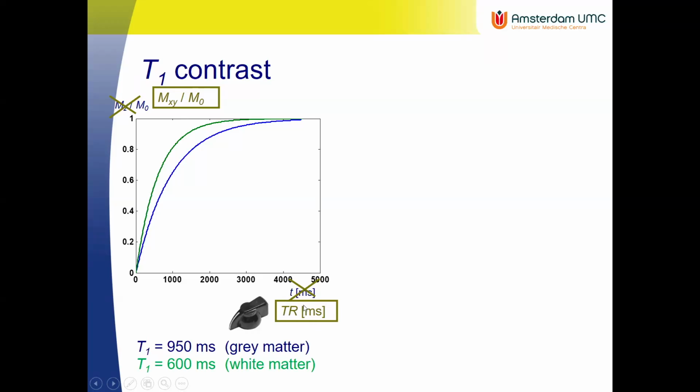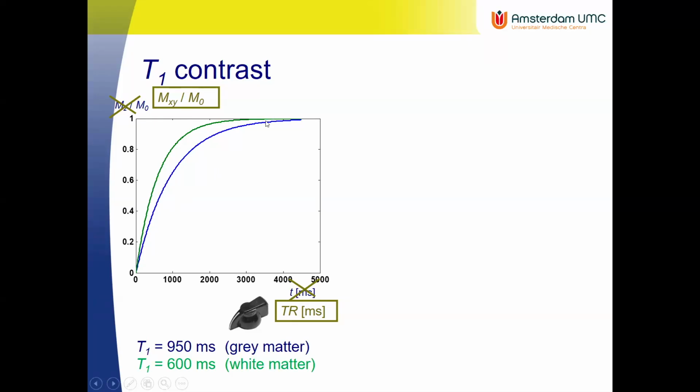So this is a knob on the scanner. And it also shows that there is an optimum in the setting of the repetition time. If we make the repetition time too short, we're on the left side of the curve here. We don't get signal difference between the gray matter and white matter. Actually, we don't get much signal at all because it's on the low end.